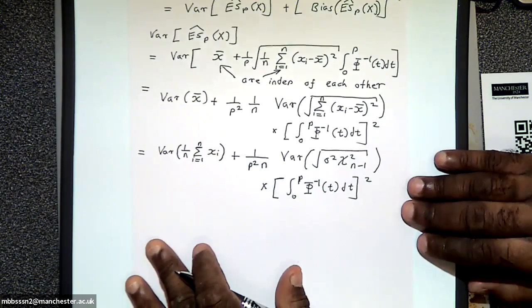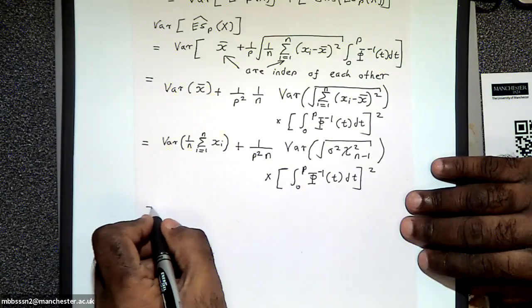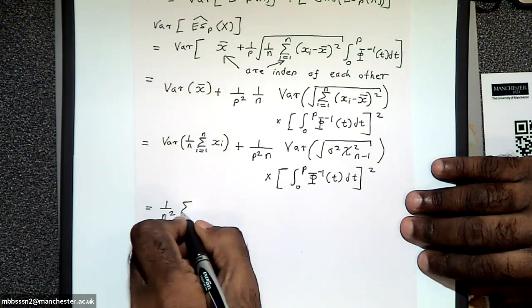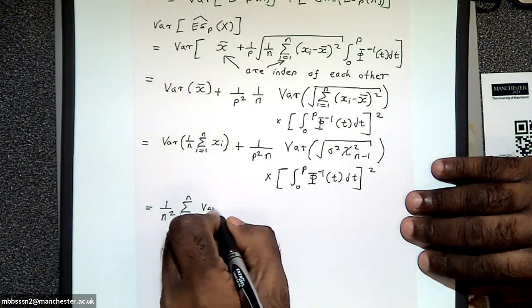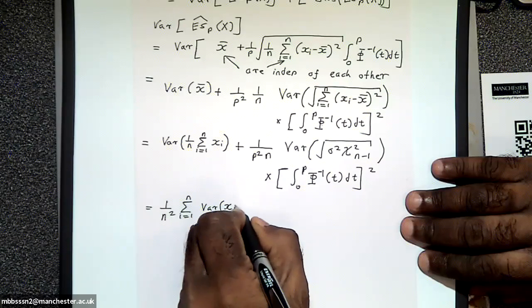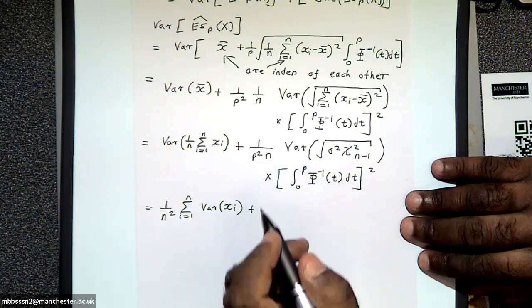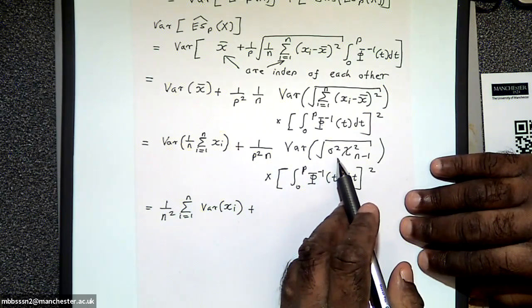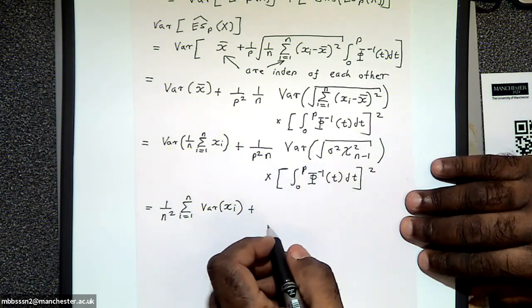Okay, you with me, guys? Right, now the next thing is to take the variance inside. You get 1 over n squared times the sum from 1 to n of the variance of xi. And here, if you pull sigma outside, it becomes sigma squared, right?